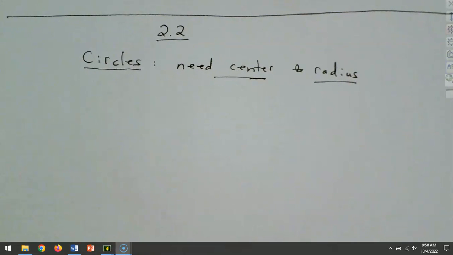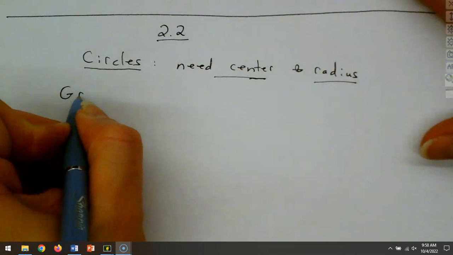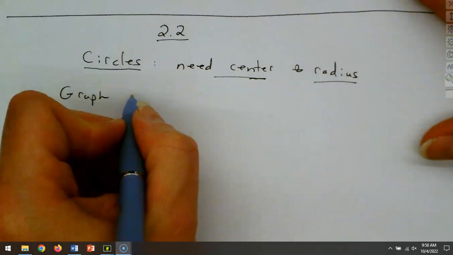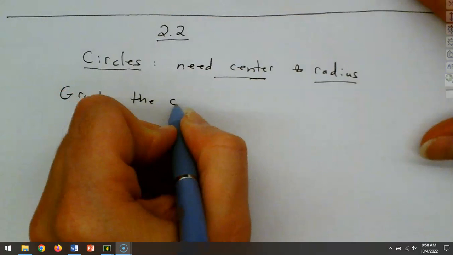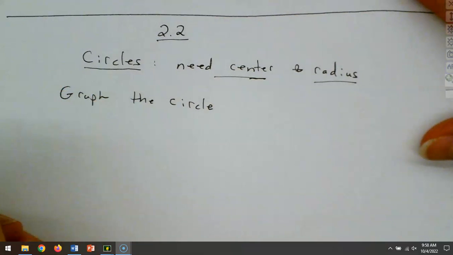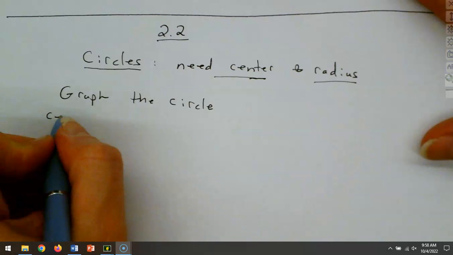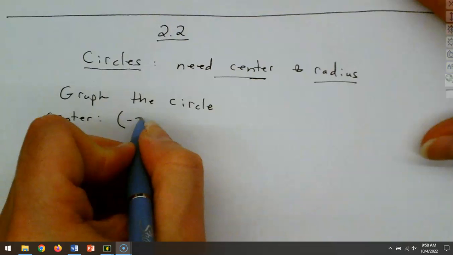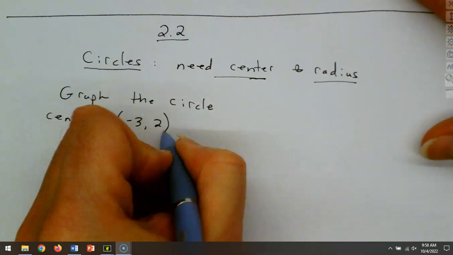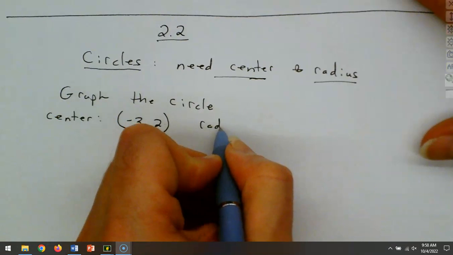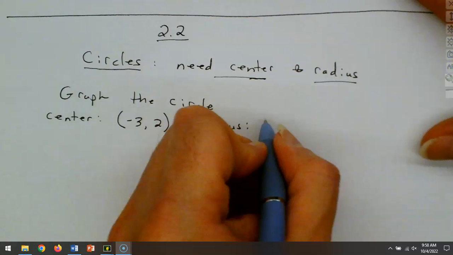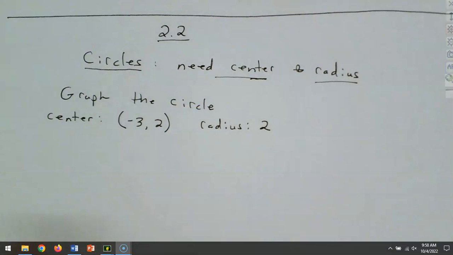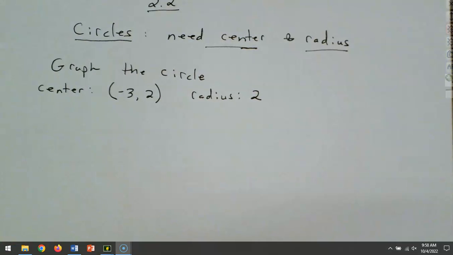So we'll start off just by graphing a circle. Okay, we're going to graph the circle, and let's say we have a center at -3, 2, and a radius of 2. Okay, so how do we graph the circle?